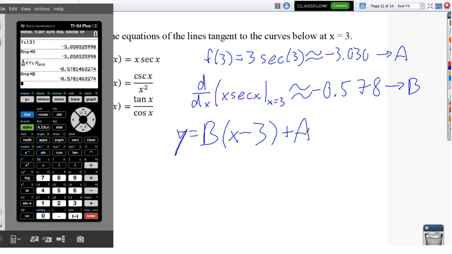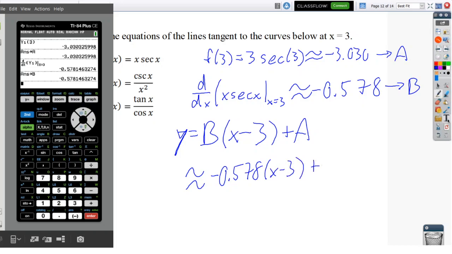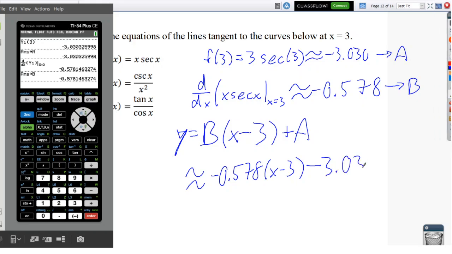If I'm really worried about writing it down on paper, I would probably want to say y is approximately my b value, negative 0.578, times the quantity of x minus 3 plus negative 3.030, so minus 3.030. But I wrote it in this format on my paper so that now I can check myself.